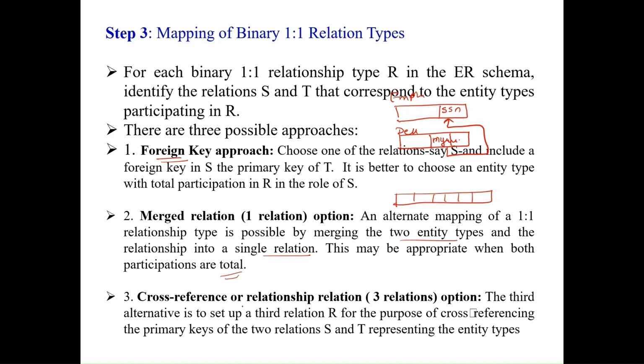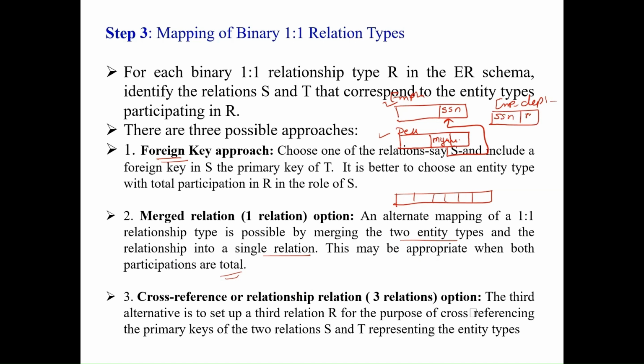And the third is cross-reference. It means we can create three relations. One is the employee table, another is department, and the third relation you can call EMP DEPT, in which you add the primary key of both tables as reference keys.